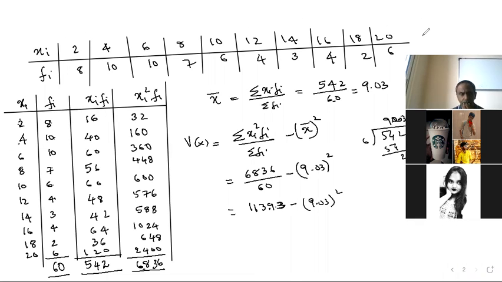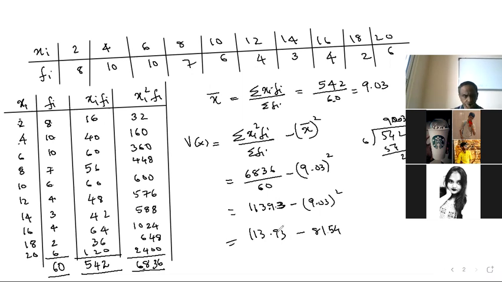Who has given me the answer? Yes, Kevil, 113.93. Now 113.93 minus 9.03 square. 9 square is 81, so 81.54. Acha, the final answer written.